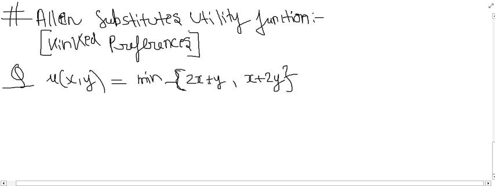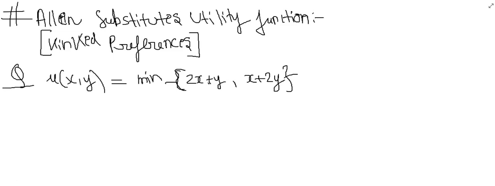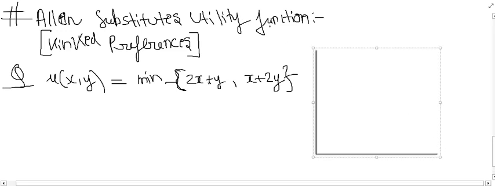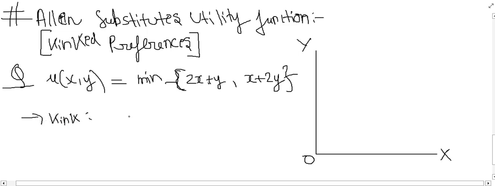So to graph this, let's begin. We draw the two good space. We have good y here, good x here. Now the very first thing we need to do is to draw the kink line. We have the kink where ax equals by.